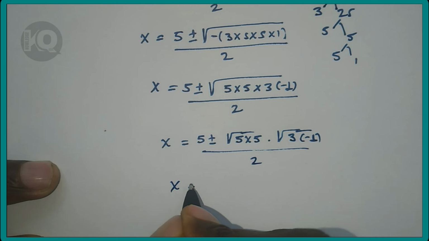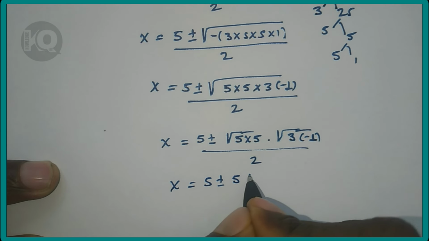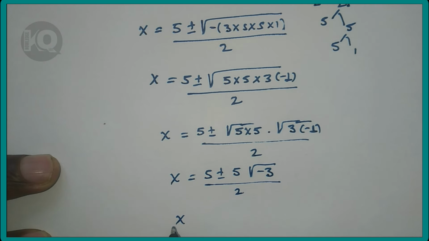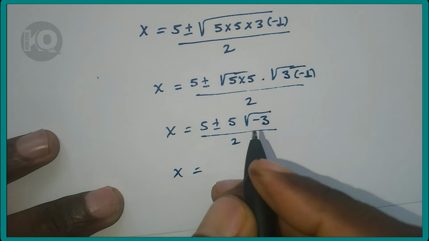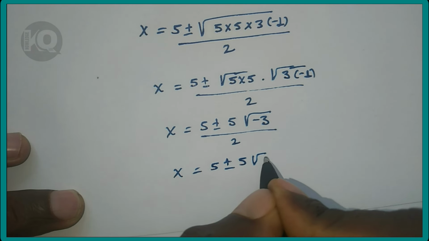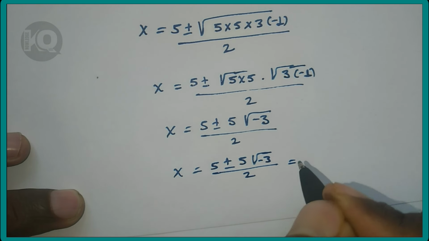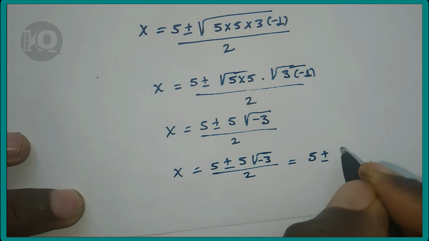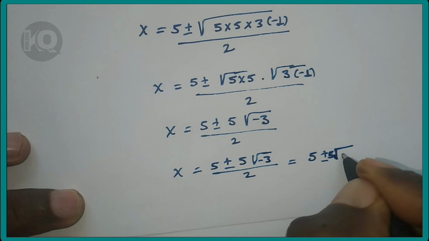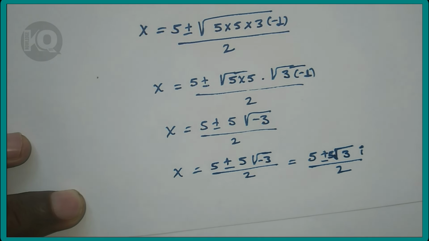So x equals 5 plus or minus 5 times root of minus 3, over 2, which equals 5 plus or minus 5 root 3 times i, over 2.